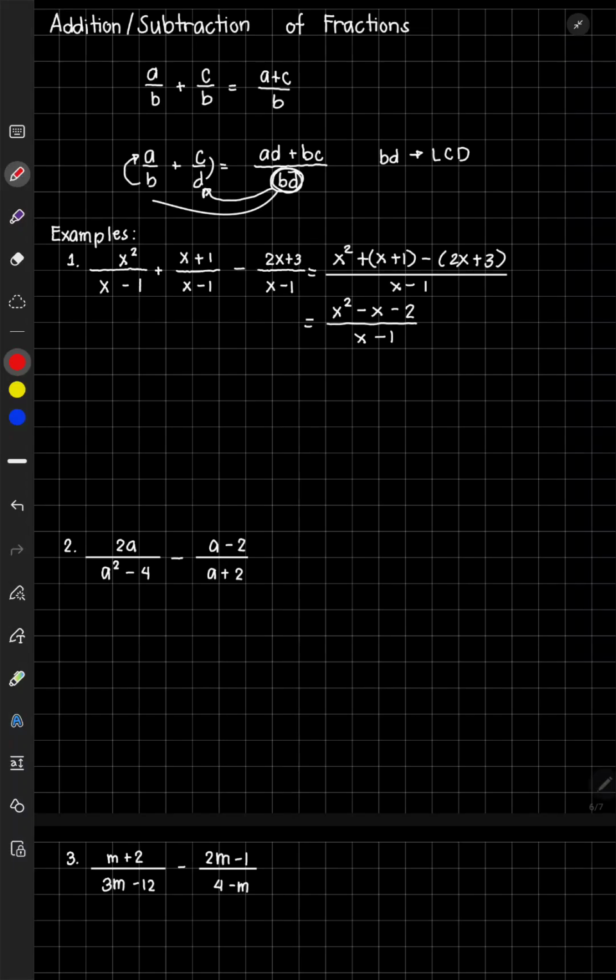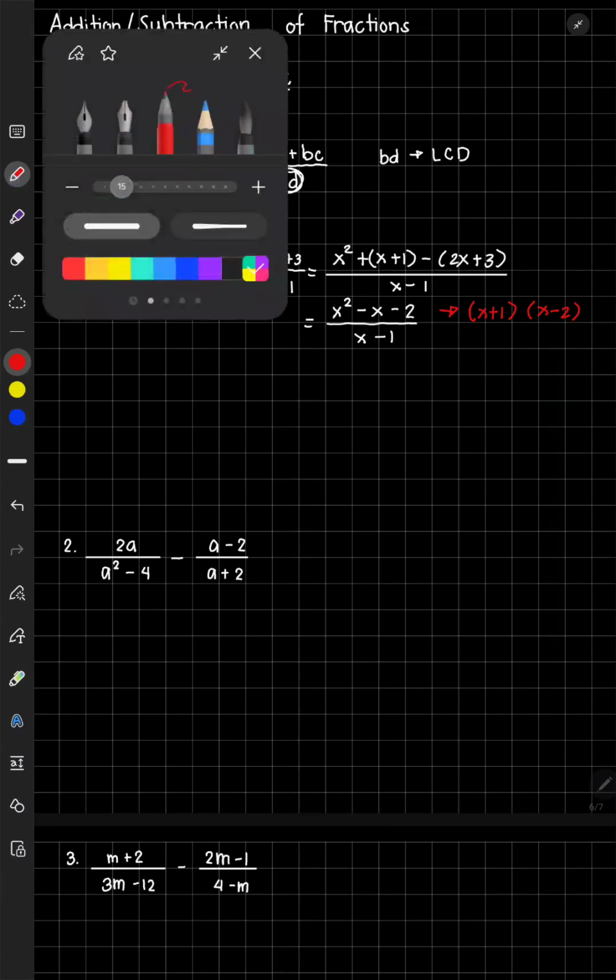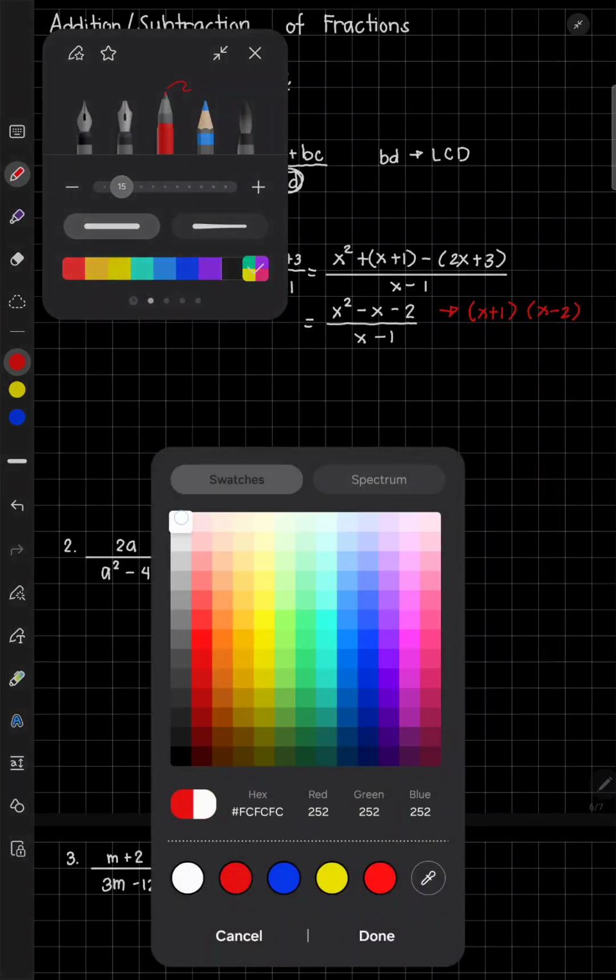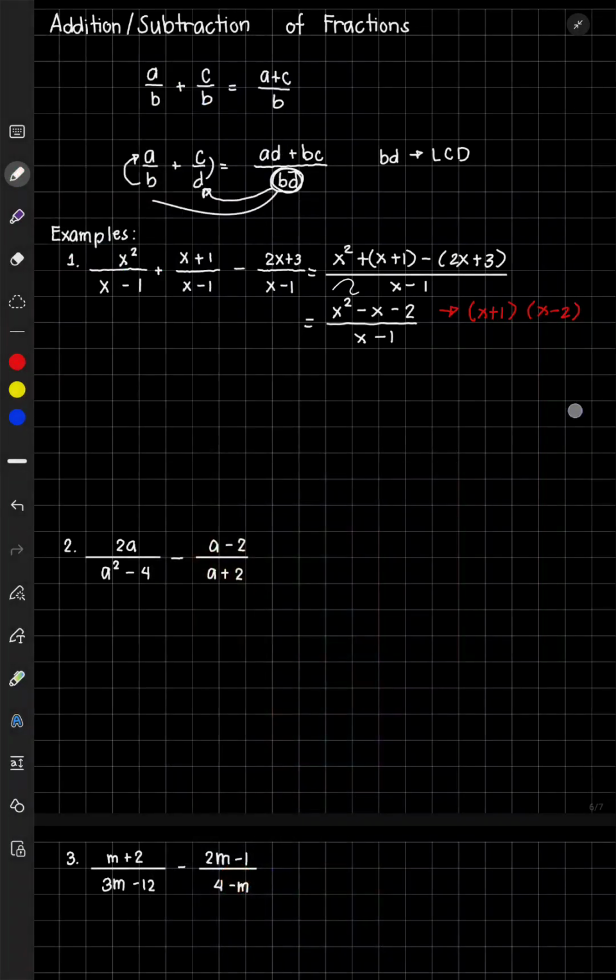For the numerator, we have the factors x plus 1 and x minus 2. As we can see, there's no same factor with the denominator. So therefore, our final answer would be this one.